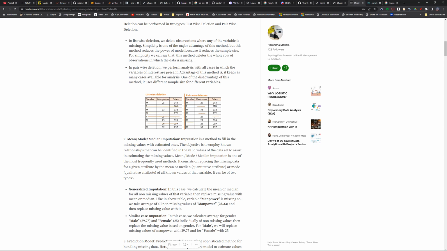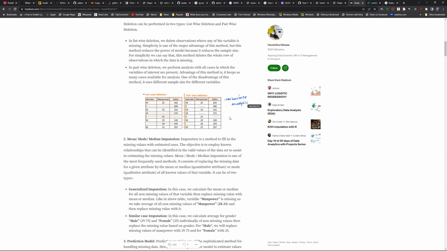Yeah, right. You're very clear about this, but as a kind of social science research, we actually prefer the list-wise deletion compared to the pairwise. Actually, pairwise deletion is very useful when you try to do a kind of univariate analysis.